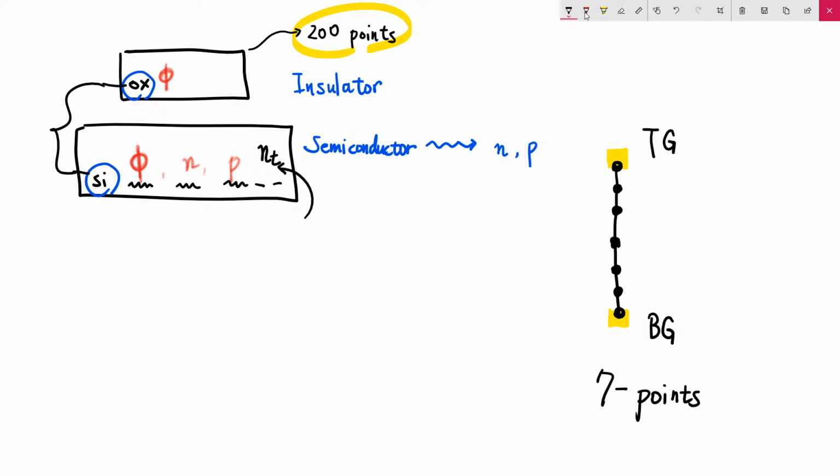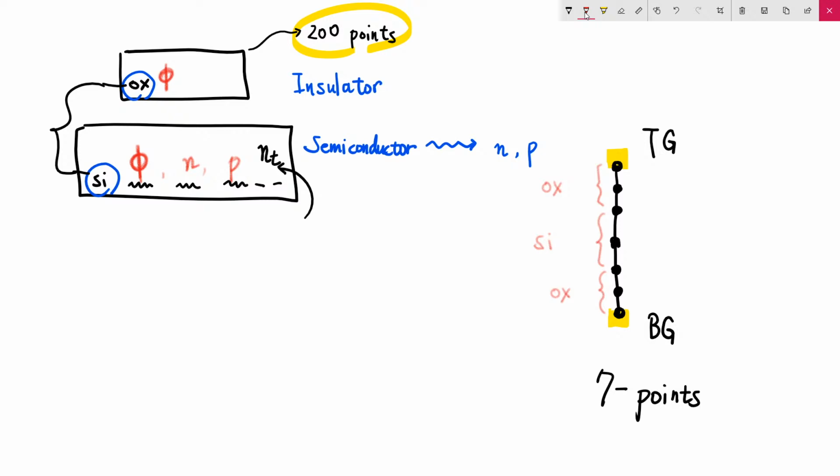Yes, and say these are 3 regions. Here we have silicon, here we have oxide, and here we have oxide.